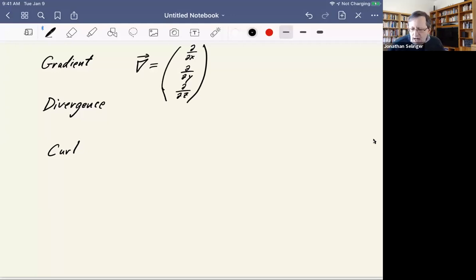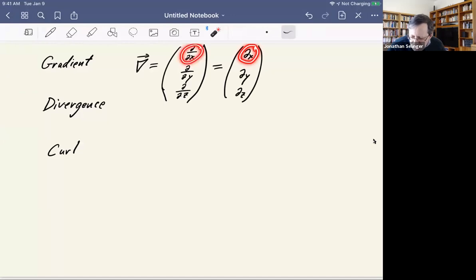A shorter way of writing those derivatives is to write d sub x. So just the partial derivative sub x, partial derivative sub y, partial derivative sub z. So these symbols mean the same thing as that. Partial sub x means partial by partial x, partial sub y means partial by partial y, partial sub z means partial by partial z.